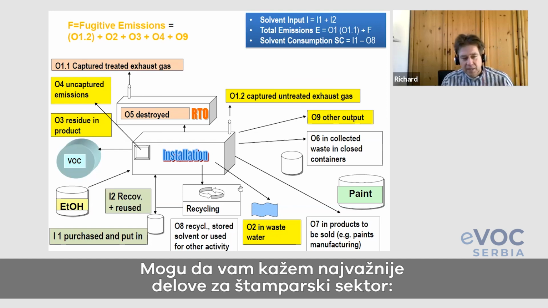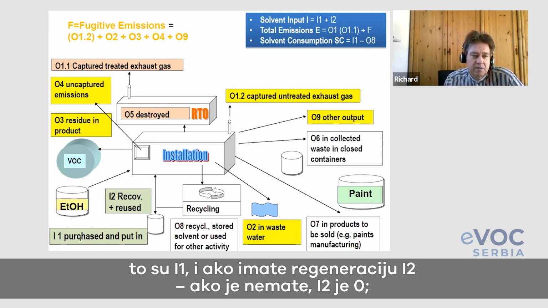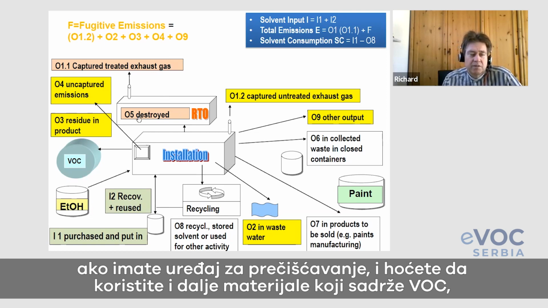So I can tell you the most relevant part for the printing sector is this I1. And then if you use a recovery, I2, but generally if you don't have a recovery, it's 0. But important if you work with a waste gas abatement, because you want to stay on VOC containing materials.